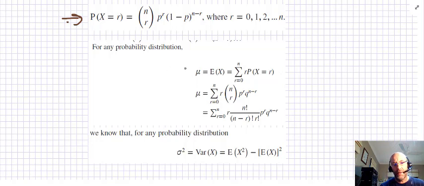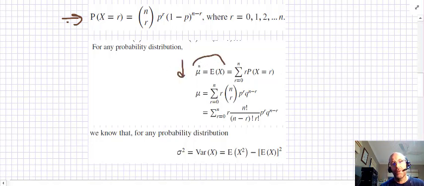Also remember the symbols: mu is the mean, or E of X is the expected value. So we would start with our usual distribution and work from there.